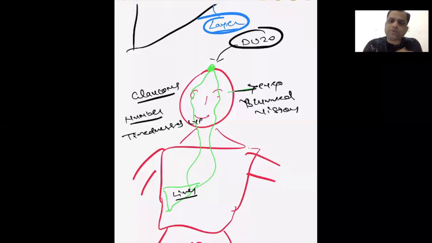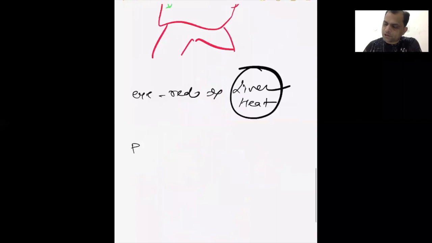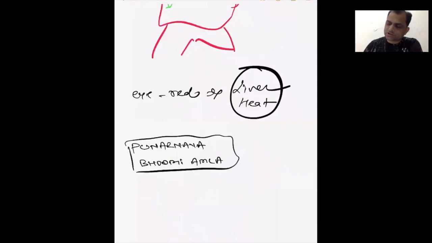They are very famous drugs in Ayurveda. Just crush the fresh leaves, add some liquid, and put it on the Sahasrara chakra, DU 20.